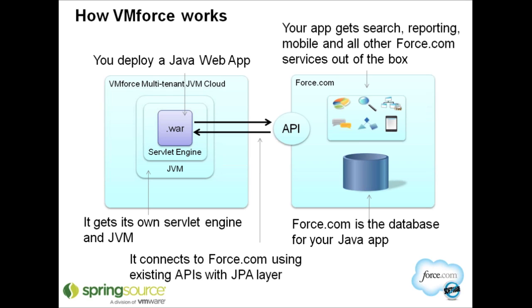But that communication is bidirectional. So if you're a Force.com developer with a Spring application developed in VMforce and deployed in that cloud, you now have the ability to reach out from Force.com, again via the JPA, and take advantage of that existing web app. That might be libraries, resources, anything inside that VMforce JVM cloud, you can now take advantage of it.